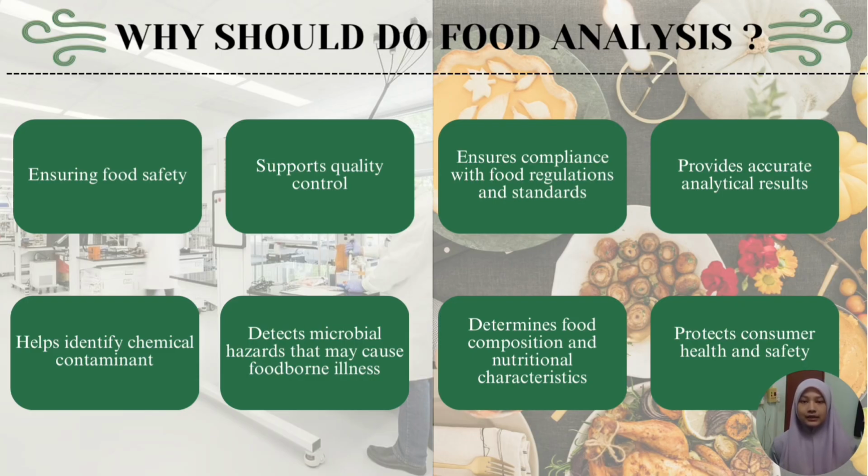Food analysis identifies bacteria and pathogens that can cause foodborne illness. Seventh, determining food composition and nutritional characteristics. It helps measure nutrients like proteins, fats, carbohydrates, and also vitamins. And finally, protecting consumer health and safety. All these processes work together to ensure the food we eat is safe, nutritious, and also trustworthy.